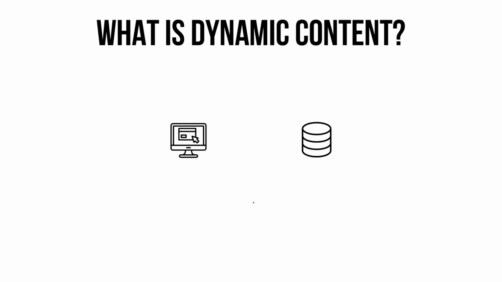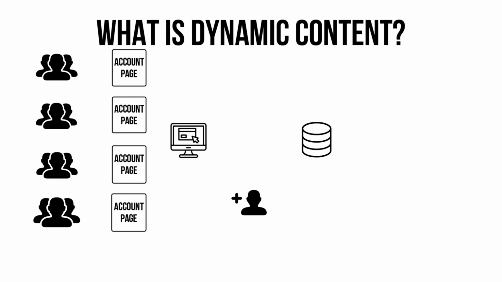Now, for example, if you are designing the customer account page of your website and you have hundreds of customers, do you create hundreds of pages on your website for each customer? No, right? If you do that, you will need to key in all the variables like the name, the product details, everything they bought, and whatever, one by one. And that's called static content.